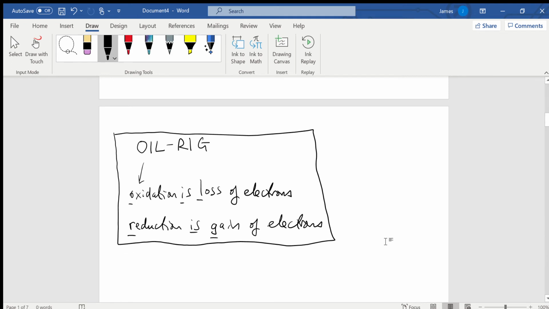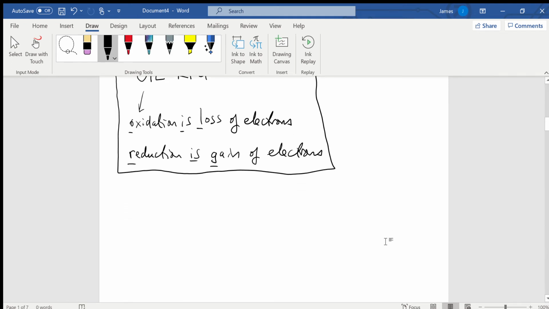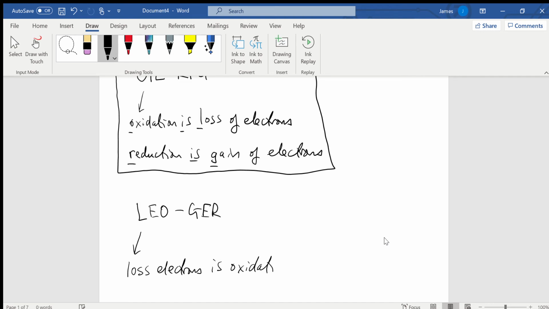Another acronym that some people like to use is LEO goes GER. So LEO the lion goes grr. Loss of electrons is oxidation. As in LEO, loss of electrons is oxidation.